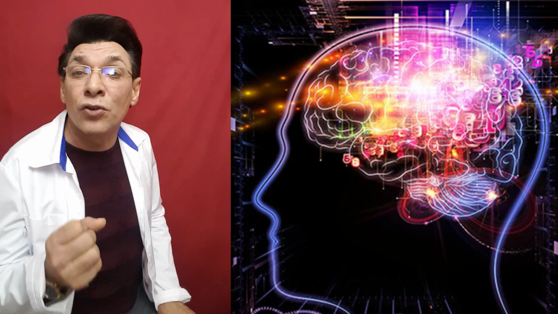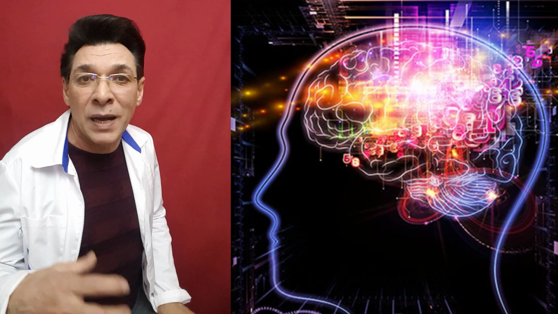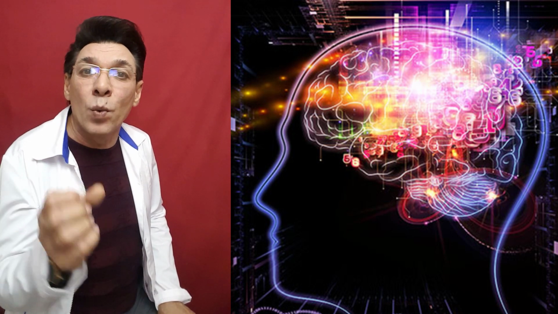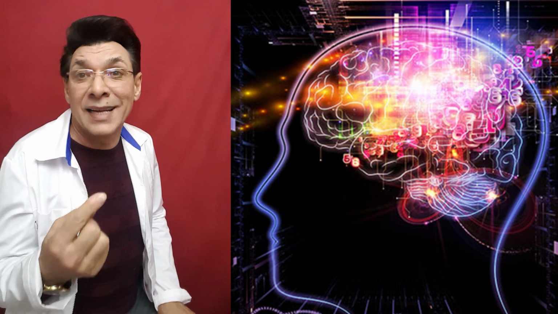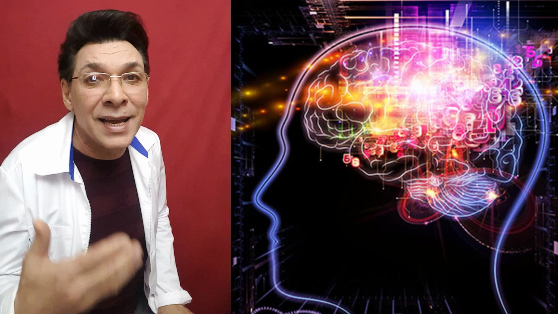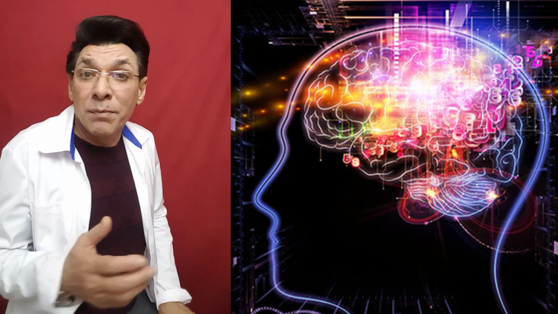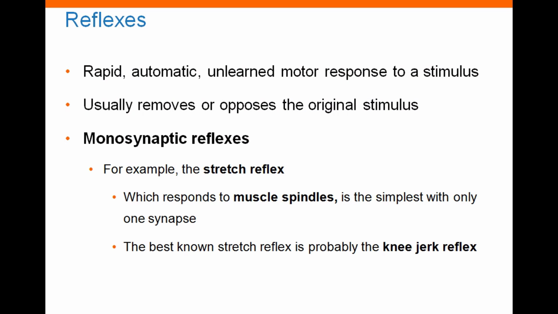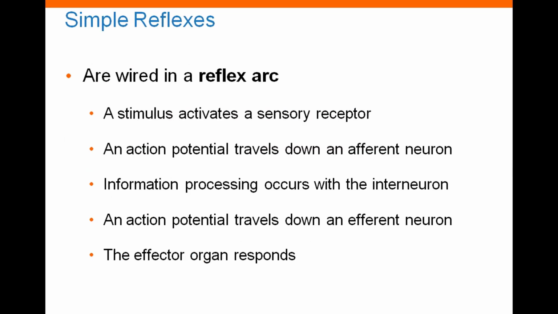For example, the stretch reflex, which responds to muscle spindles, is the simplest, with only one synapse. Only one synapse, monosynaptic reflex. The best known stretch reflex is probably the knee jerk reflex. You know it. It's a simple reflex.